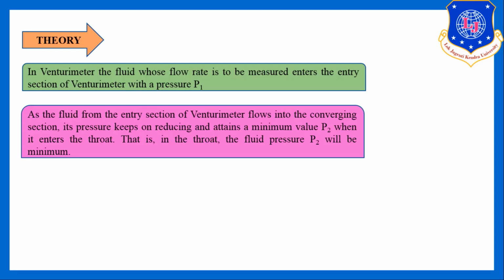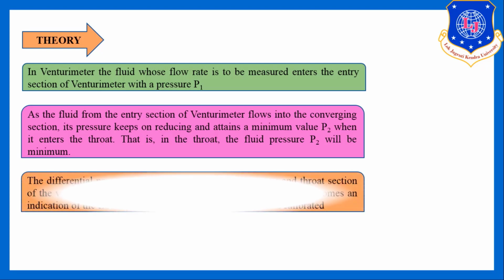At the entry section the pressure of the fluid is P1, and it keeps on reducing and attains a minimum value of P2 when it enters the throat section, that is the second section. So in the first section, the converging section, the pressure is P1, and in section 2, which is the throat, the pressure is P2. That is the throat pressure. So P1 is maximum and P2 is minimum.